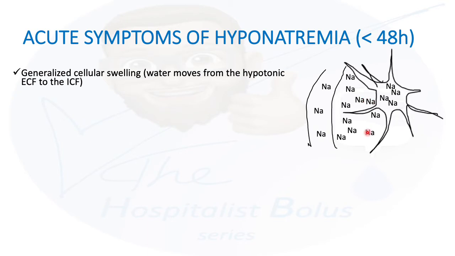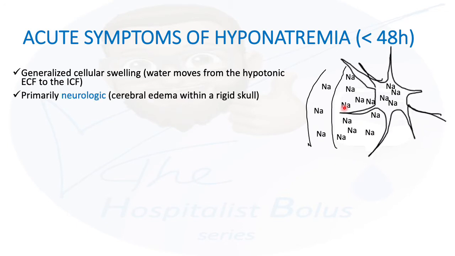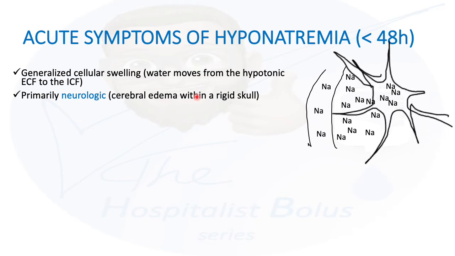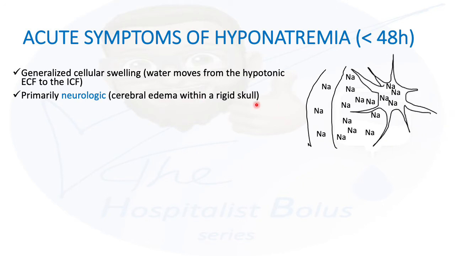That's really the main pathology associated with acute hyponatremia. So it's primarily a neurological problem, mainly cerebral edema, and if you can imagine, if you have a rigid skull and there is swelling of the brain, that increased intracranial pressure can lead to a lot of symptoms.